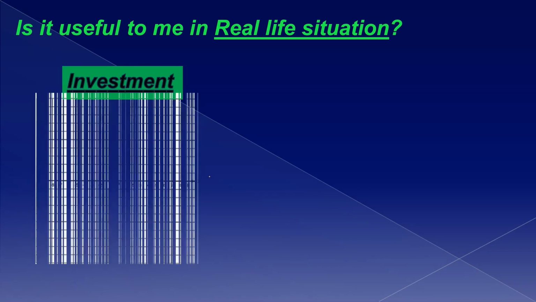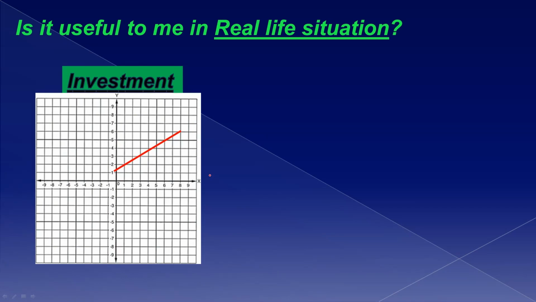When you invest to buy a house, for example, your dad bought a house for $100,000, and after, let's say, 8 or 9 years, the time is on the horizontal axis, and one represents 100,000, and over a period of time the price increased to 600,000. Wow. So here we can use these kinds of graphs in real life situations too.